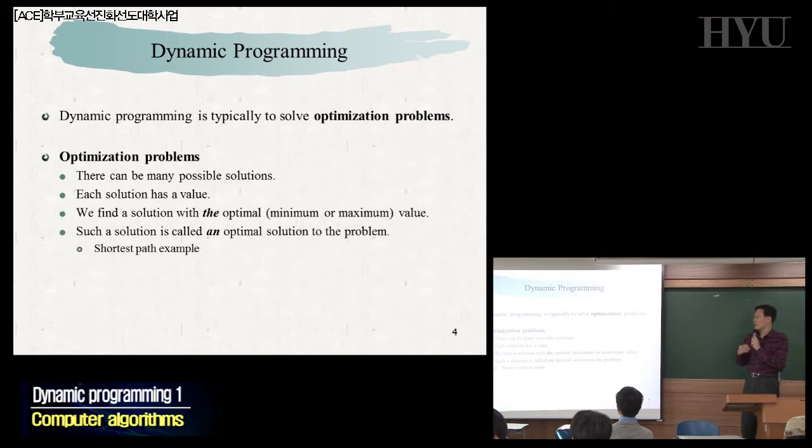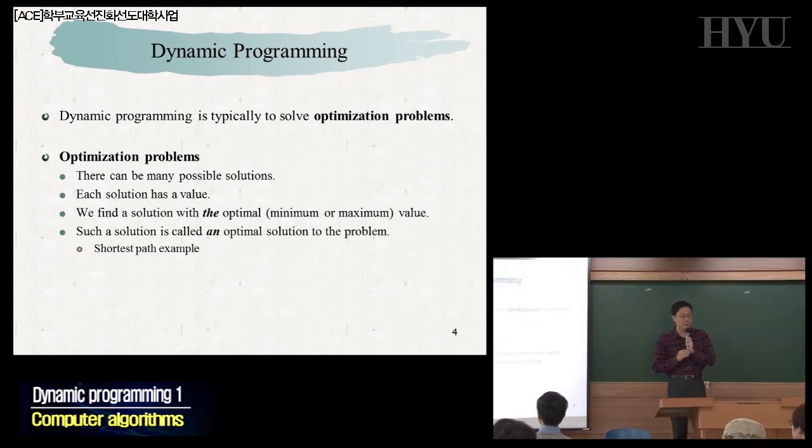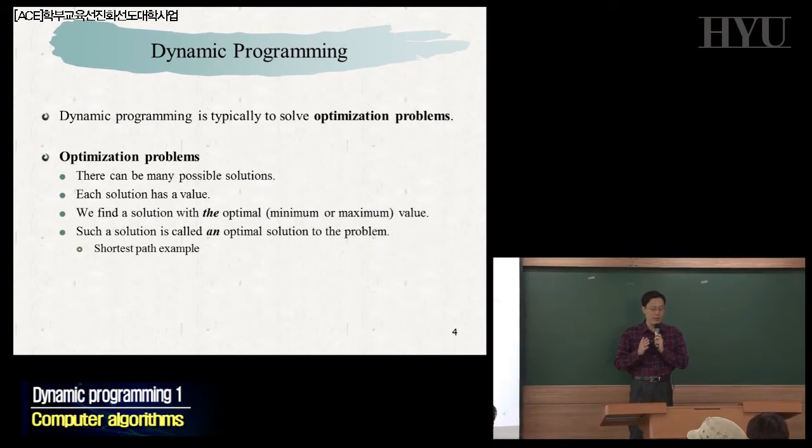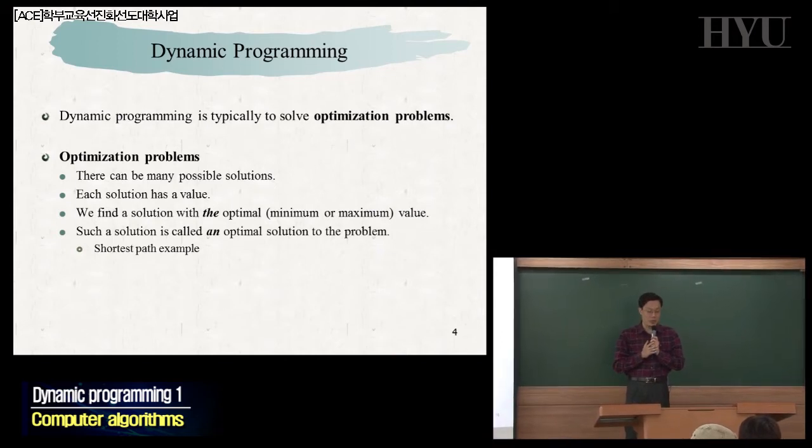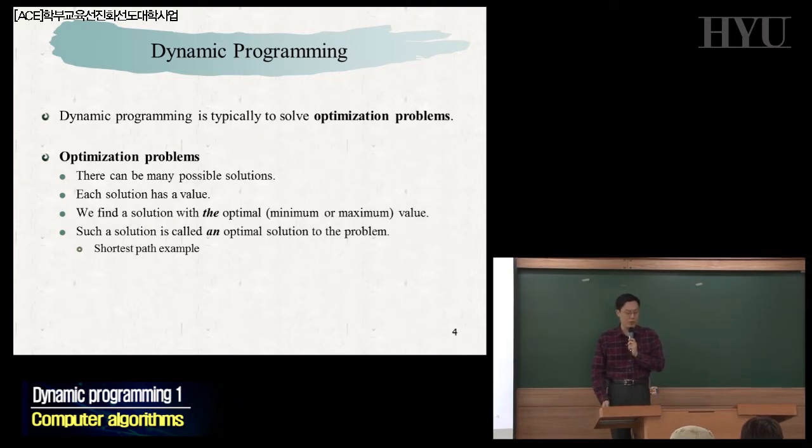First, there are many possible solutions, and each solution has a value. And we find a solution with the optimal value. The optimal means maximum or minimum. And such a solution is called an optimal solution to the problem.